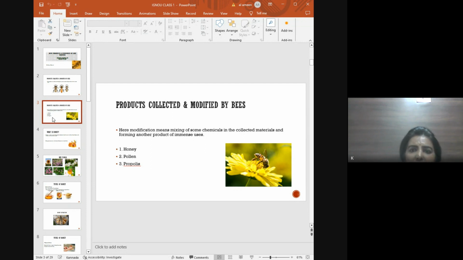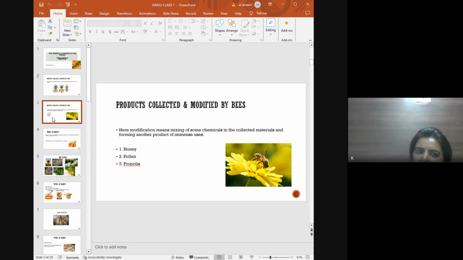On the same lines, the concept of monofloral honey, if you've heard, the lychee honey or alfalfa honey or coffee honey, a single flower type, the nectar from a single type is branded and sold as monofloral honey, and each species has a different taste. Okay, so that way, first one is the honey, when we speak about collected and modified.